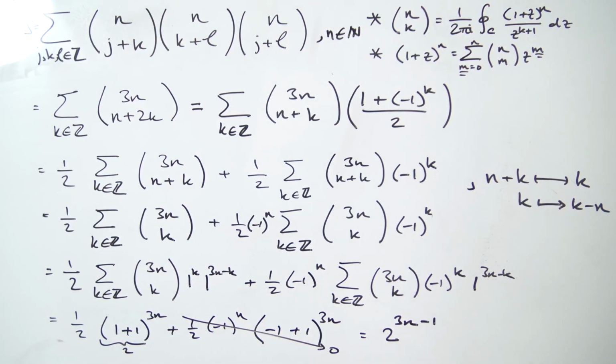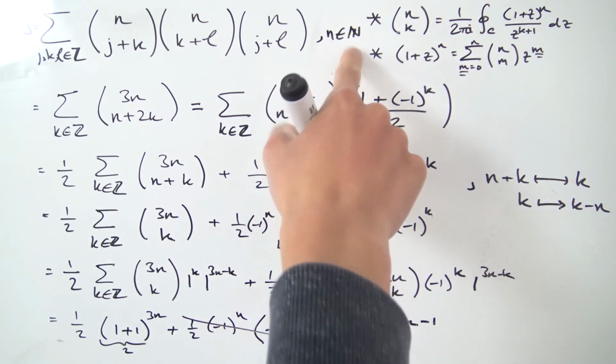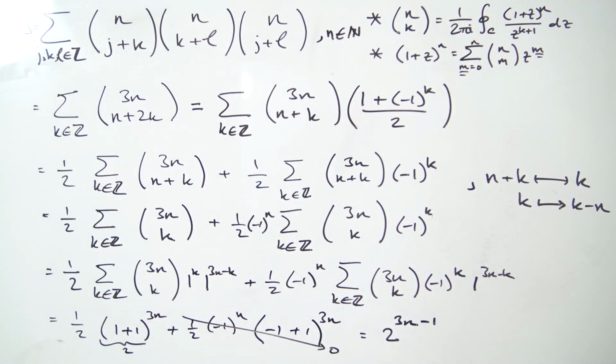Now this should be the final answer if you assume n is a natural number, which means it doesn't include 0. I'm pretty sure if you want n to be equal to 0, you also have to add on some kind of Kronecker delta term, something like Kronecker delta n 0 times a half.